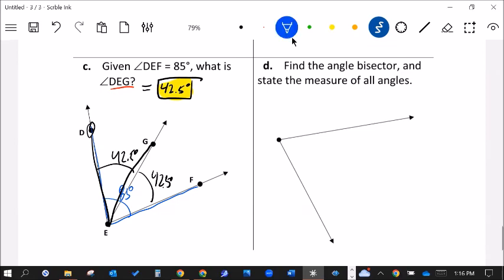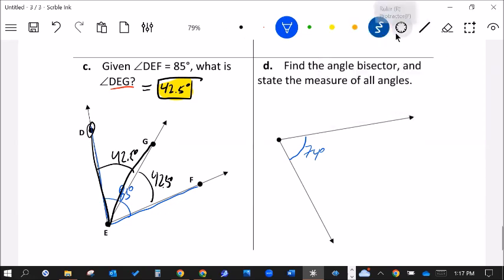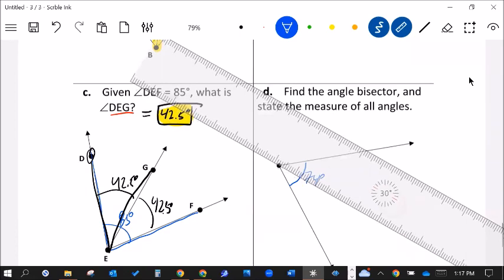Now, the next thing, if you measure this angle with a protractor, you end up with approximately 74 degrees. Some might say 72 or 73 or 75 or 76. If it's reasonably close to that, you'd be okay with it. You would use a ruler then, or figure out half of it. So I can now use that ruler here and do what looks like approximately halfway.